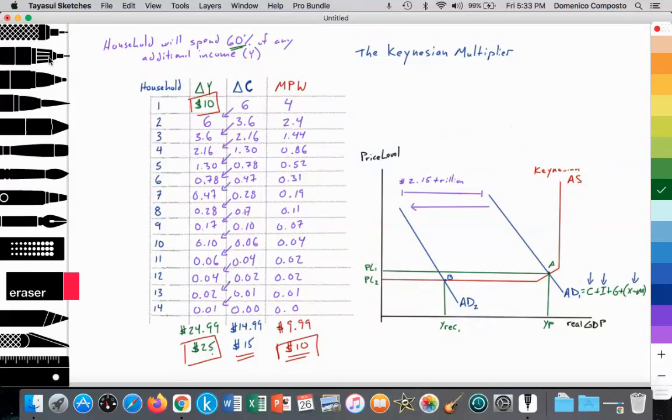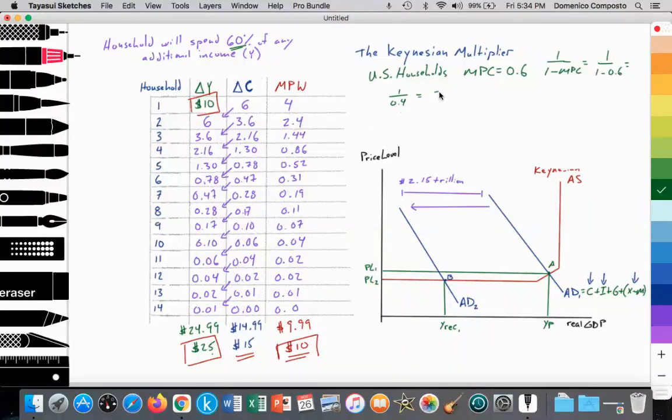So take a look here. Here we have this recessionary gap of 2.15 trillion, right? We're going to assume that US households have an MPC. The MPC value is 0.6. 60% of any additional income will be spent. Again, using the Keynesian multiplier, it's 1 over 1 minus the MPC, which is equal to 1 over 1 minus 0.6, which is equal to 1 over 0.4, which is equal to 2.5.